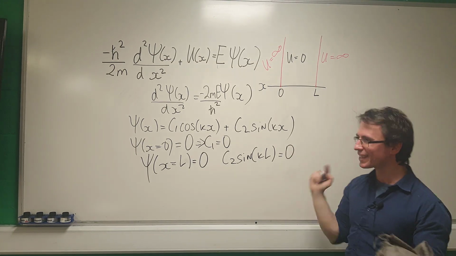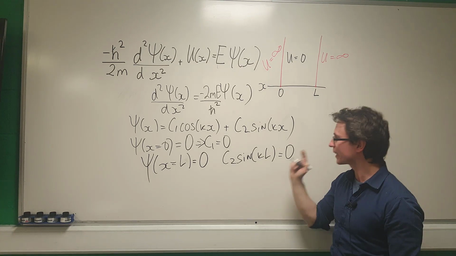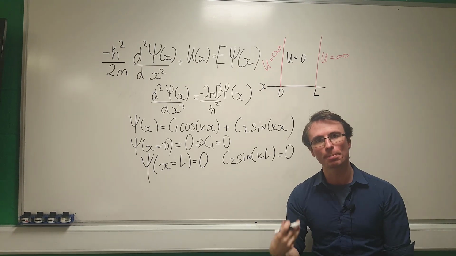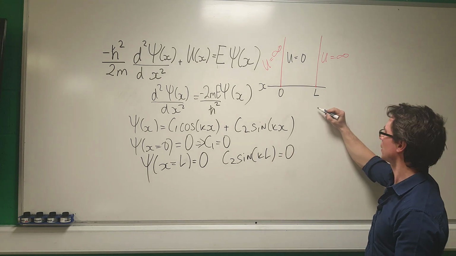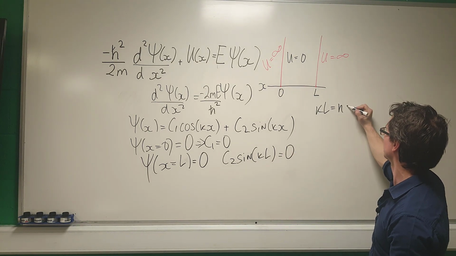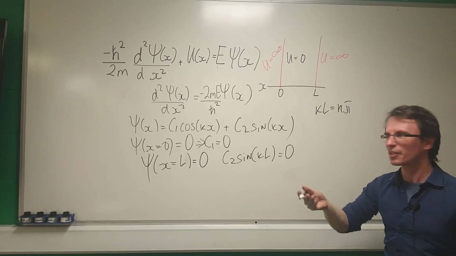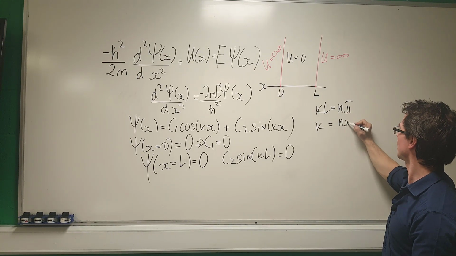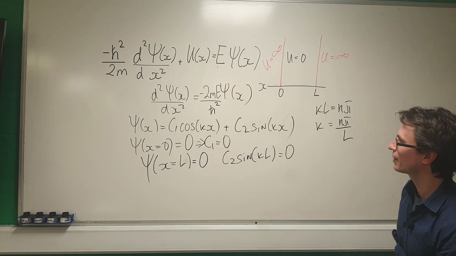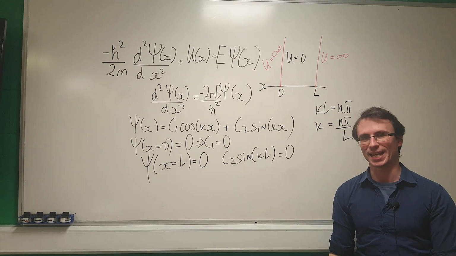The only way this can happen is if kL is a multiple of pi. So we're going to take some integers and say that kL is equal to n pi, which means that our wave number k will be equal to n pi divided by the length.